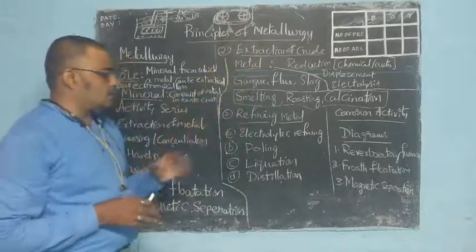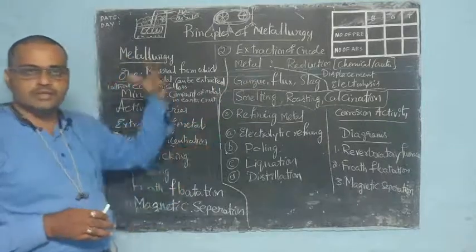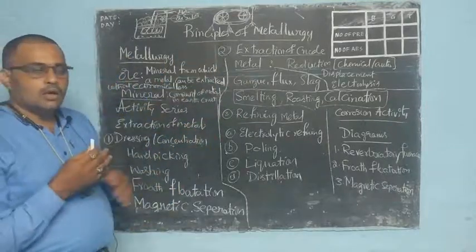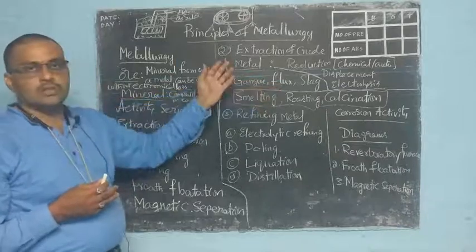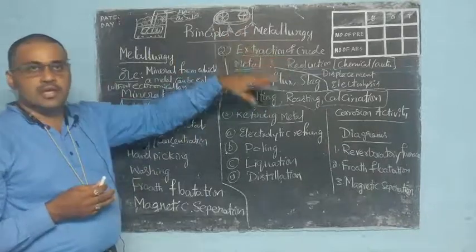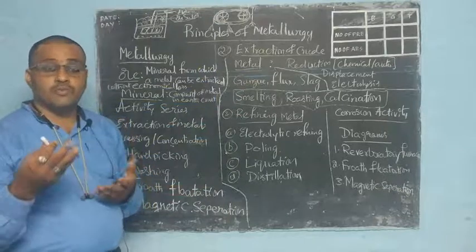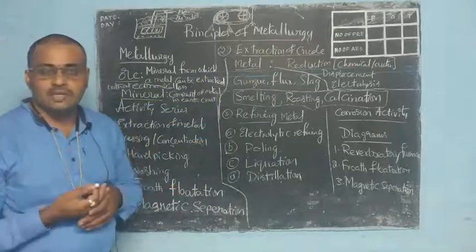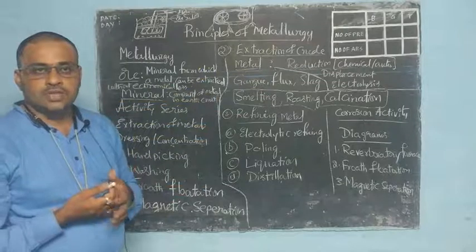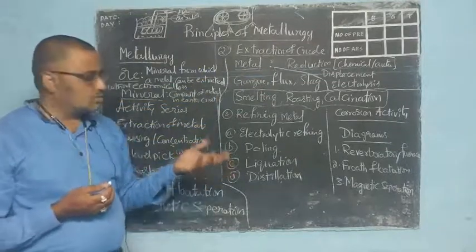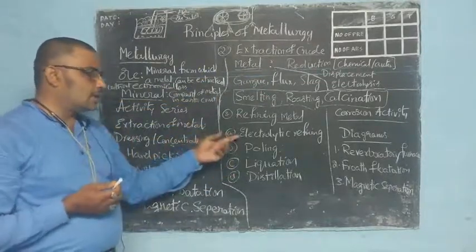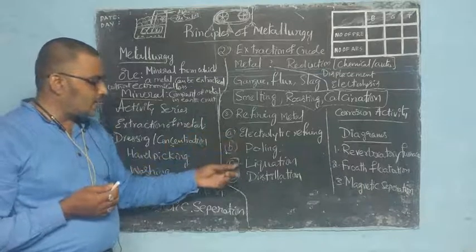The third step comes after the extraction of the crude metal. Even though we have utilized flux to remove impurities, some impurities may still be present, in forms we cannot see with our naked eyes; they may even be gases. To remove those, we utilize electrolytic refining, boiling, liquation, and distillation.